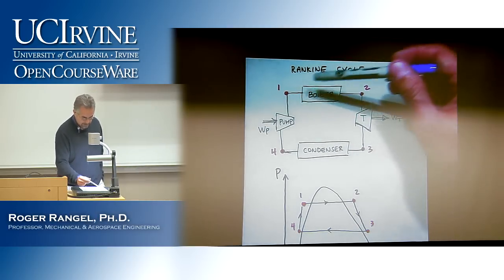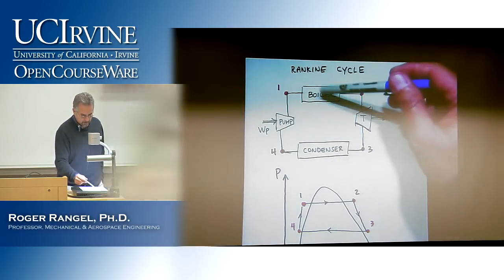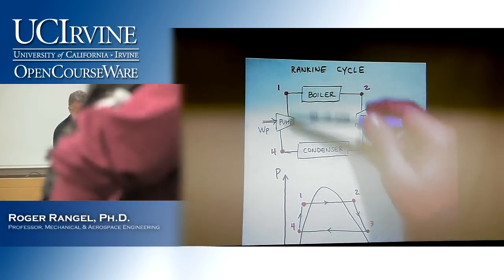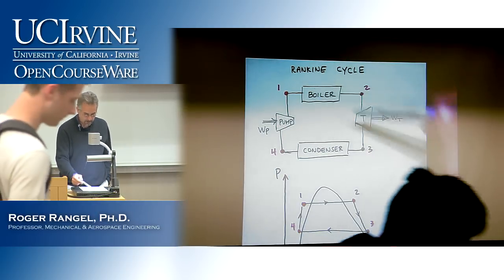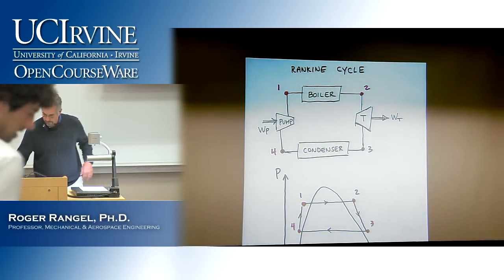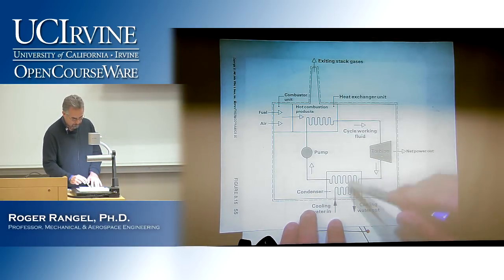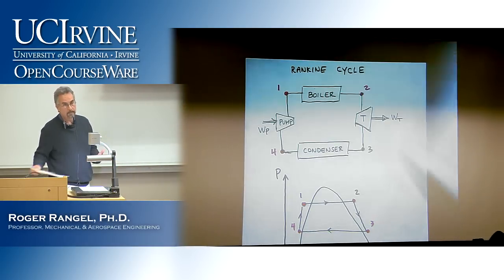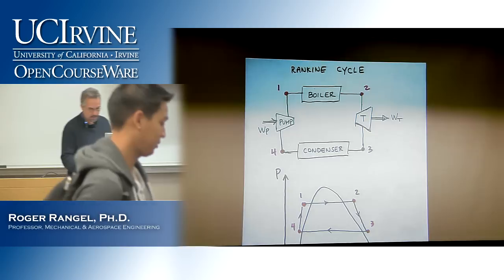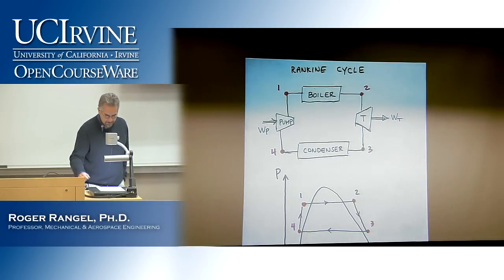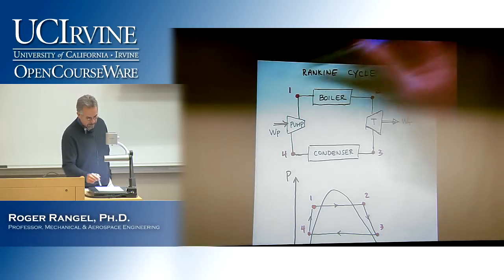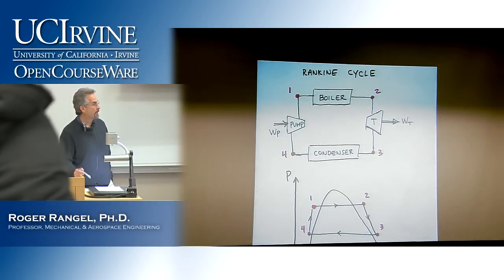But here are the four components, the four devices that we were just looking at: the boiler, the turbine, the condenser, and the pump, just like you saw them here. Boiler, turbine, condenser, and pump. But now I am sketching them so that I can look at a property diagram, and also because this way I can label inlet and outlet states.